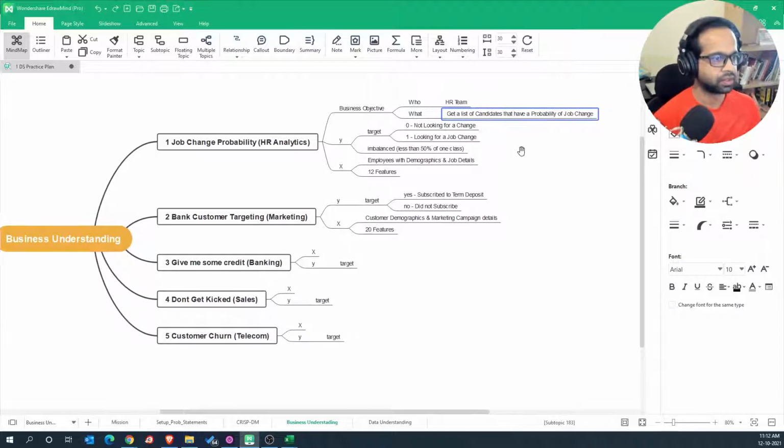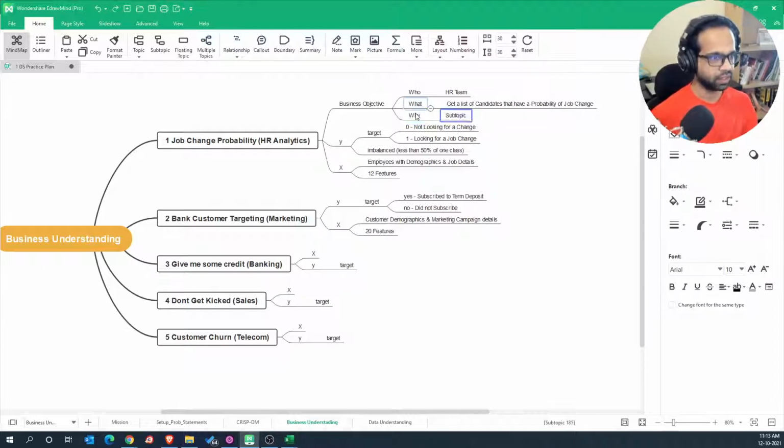If they get that list early on, they can work on it proactively so that they can avoid most of them leaving. Now we cannot change who is going to leave, but at least it will give a proactive measure or the factors.